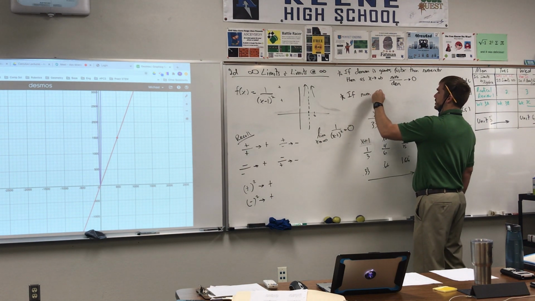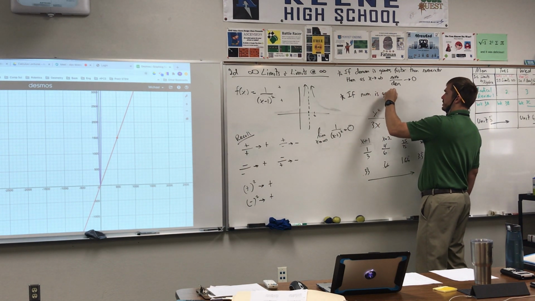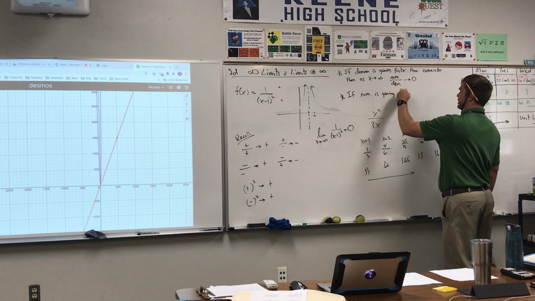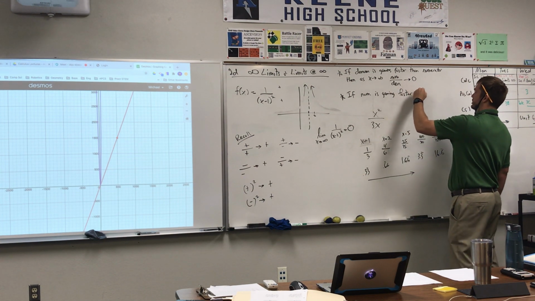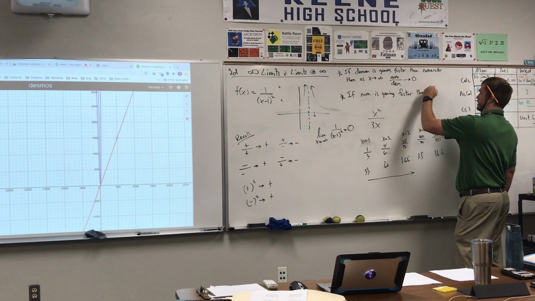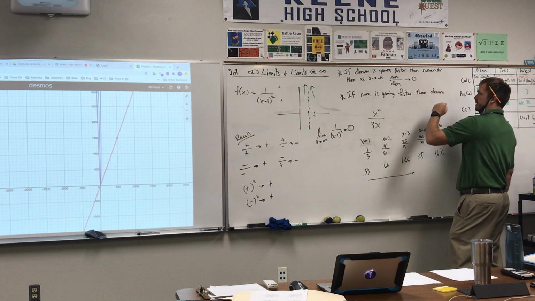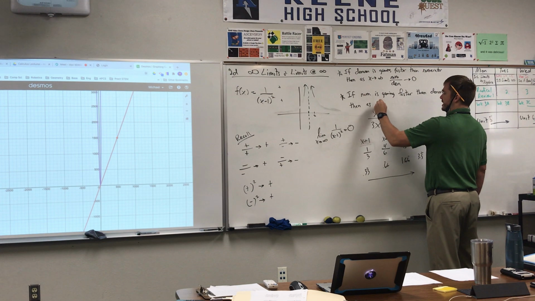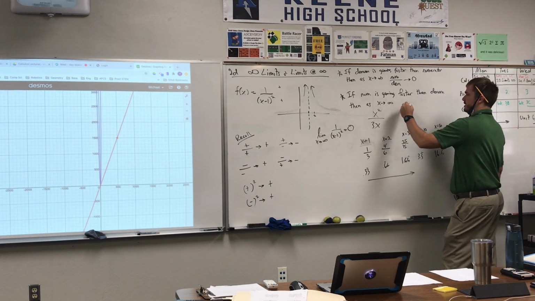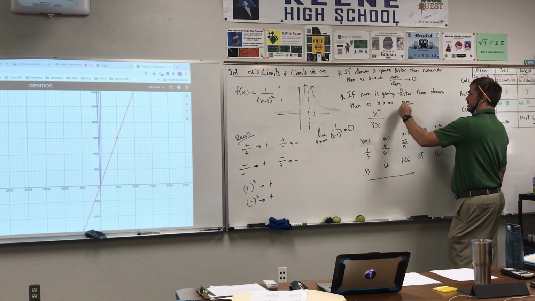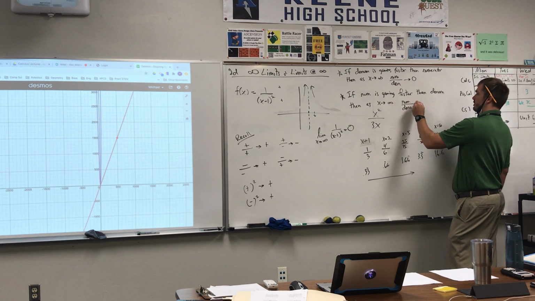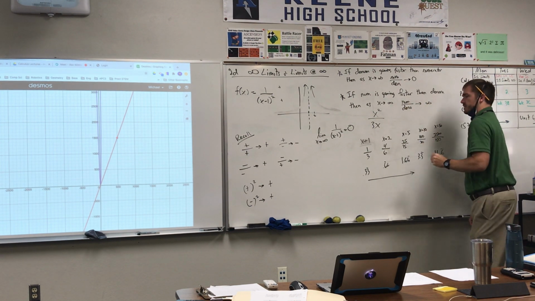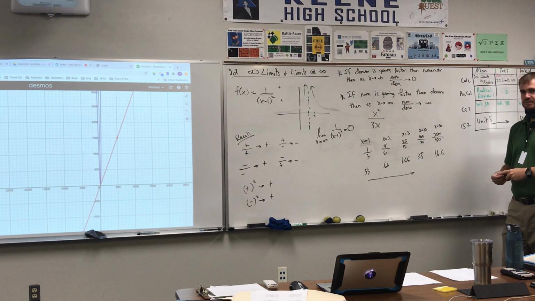If the numerator is growing faster than the denominator, then as x approaches infinity, the numerator over the denominator also approaches infinity.